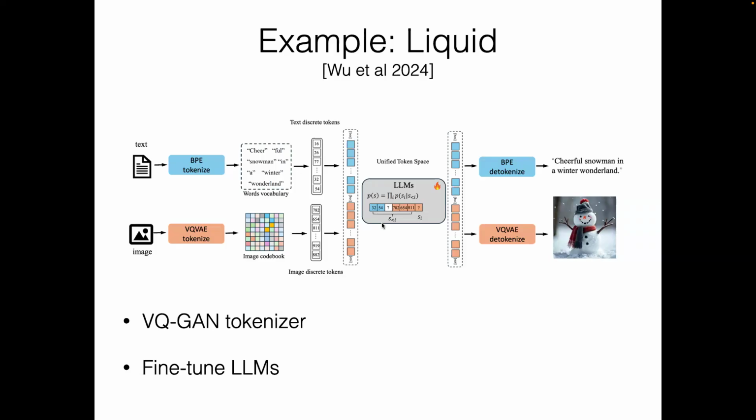I presume the tokenizer and detokenizer are pre-trained beforehand. Are they also jointly trained, or are they fixed by this point? Yeah, that's a good question. As far as I know, they're actually fixed, which to me seems like a downside.